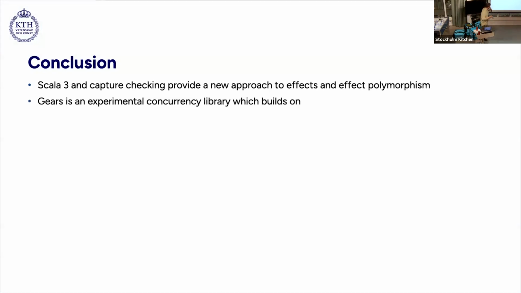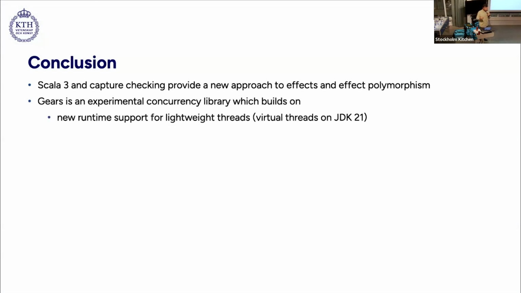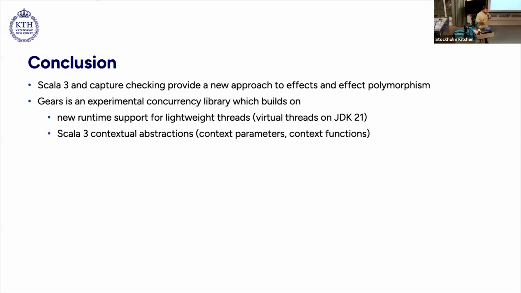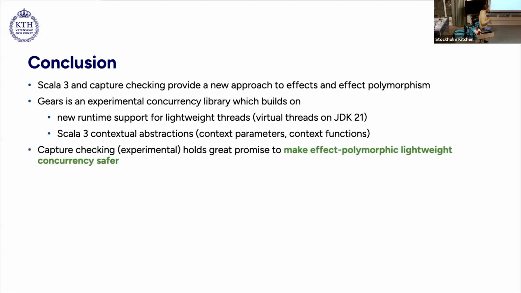And Gears is an experimental concurrency library, which uses, on the one hand, the new runtime support for lightweight threads that we have on JDK 21 and also Scala Native support for delimited continuations. And then also Scala 3 contextual abstractions, like context parameters and so on. And then capture checking is really cool because it can actually be used to enforce effect safety.